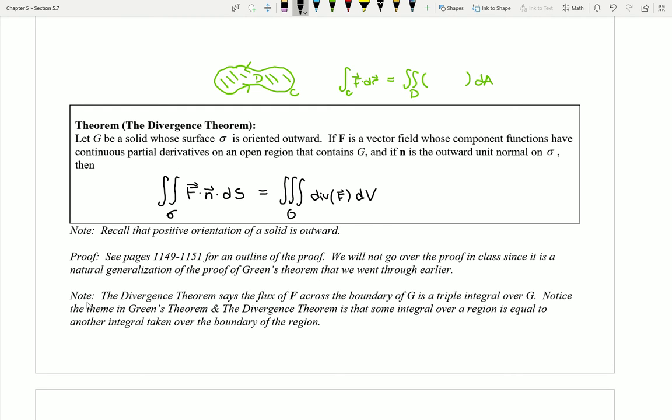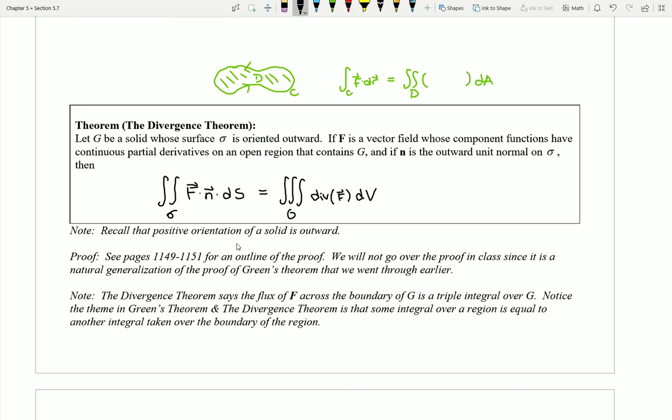Now, as I state down here in this note, the divergence theorem says that the flux across the boundary of G is the same as a triple integral over G. The theme to Green's theorem and the divergence theorem is that there's some integral over a region that is equal to another integral taken over the boundary of the region.